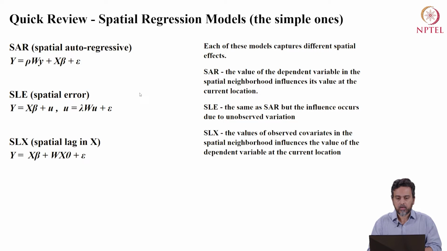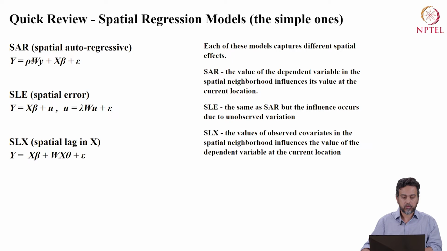So quick review, this is something that we should already know, but just to refresh your memory, there are 3 simple spatial regression models. The first one is the SAR, or spatial autoregressive model, in which we include on the right hand side a spatially lagged version of the dependent variable.